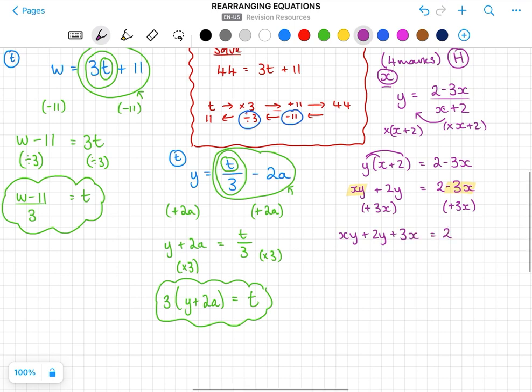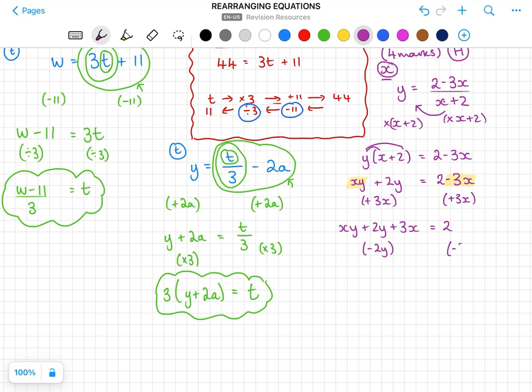Now this 2y, it doesn't have an x in, so we're going to subtract it, which cancels it out from the left-hand side and moves it over to the right-hand side, leaving us with xy plus 3x equals 2 minus 2y.